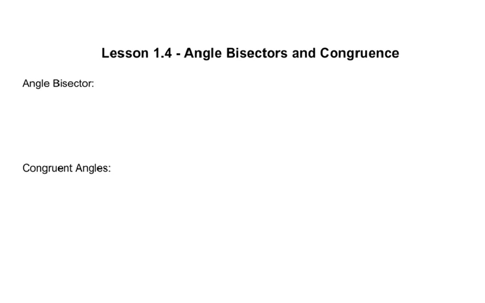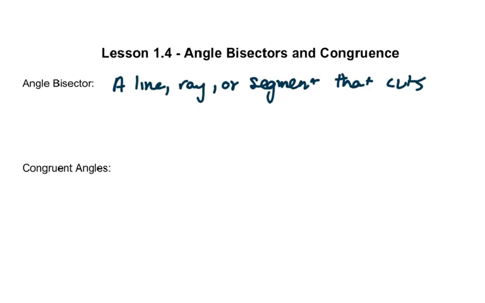So an angle bisector is a line or ray or segment that cuts an angle exactly in half.